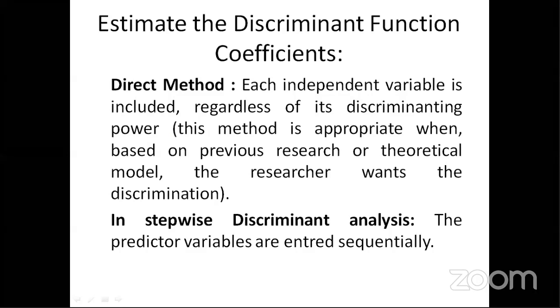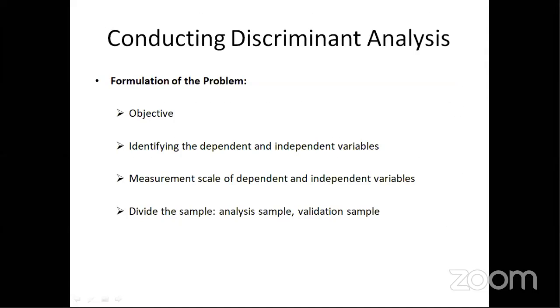The next step is to estimate the discriminant function coefficient. Okay, one more point was there in the formulation of the problem. In the beginning of discriminant analysis, we should divide our sample, whatever sample data you have collected, into two parts, maybe equal.